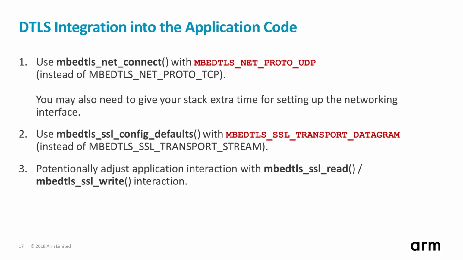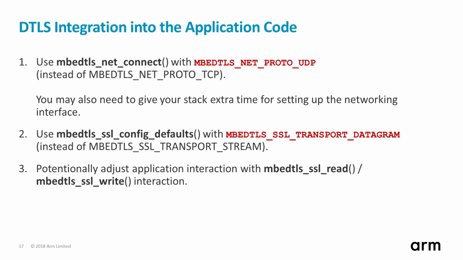Let us look at the integration of DTLS into the application code. There are actually only a few changes needed. First, mbedtls_net_connect needs to be told that we are using UDP instead of TCP. This is done by using the MBEDTLS_NET_PROTO_UDP constant.